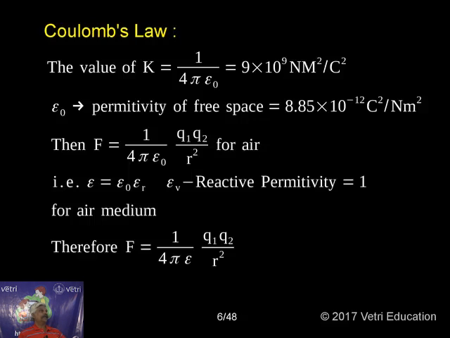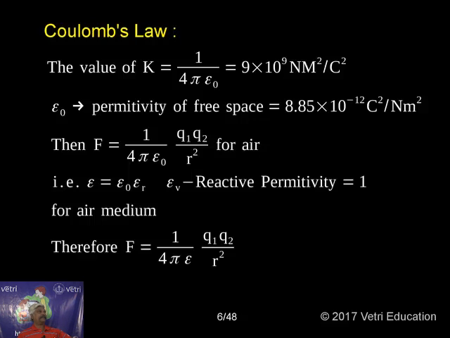So if you know the unit of Newton meter square by Coulomb square, for permittivity of free space, that is the reason, because it comes in the denominator. If it goes in the numerator, C square comes in the numerator and Newton meter square in the denominator. Then force is equal to 1 by 4 pi epsilon naught Q1 Q2 by R square for air medium.